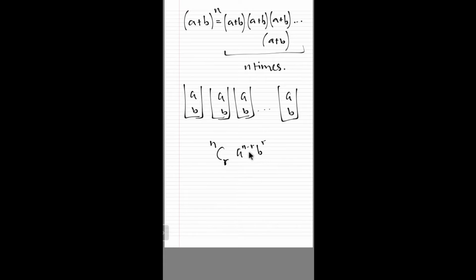So that means we can say that this b to the power r is coming in ncr different ways. That means this term a to the power n minus r, b to the power r will be coming in ncr different ways, and that should be the coefficient of the term, because that many times we are adding this term.